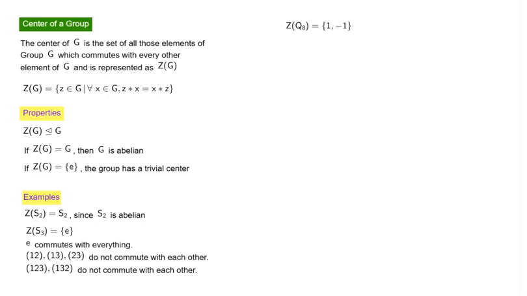Now let's look at another example. The center of Q8 is equal to {1, -1}. Let's go into more detail with respect to this. Now we know Q8 is equal to {1, -1, i, -i, j, -j, k, -k} under the group operation. So now for all x in Q8, x times 1 times x inverse can be written as x times x inverse, which is equal to 1.